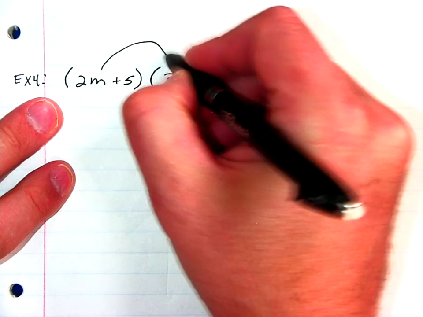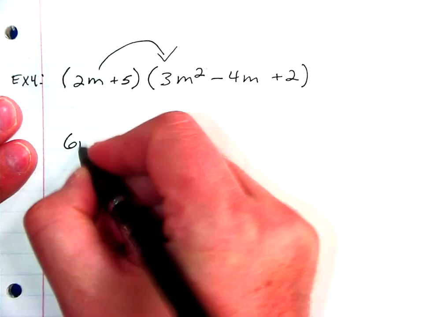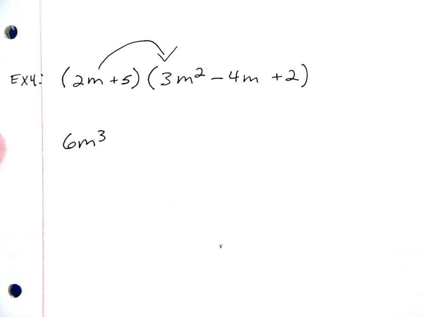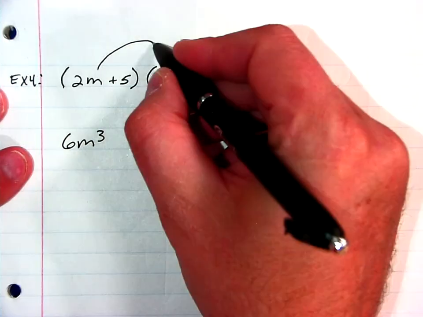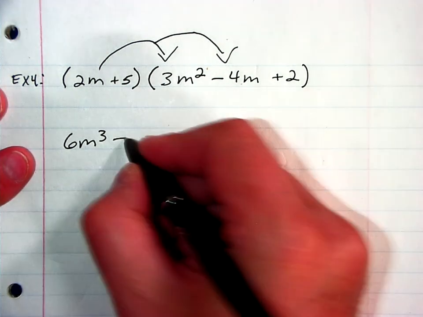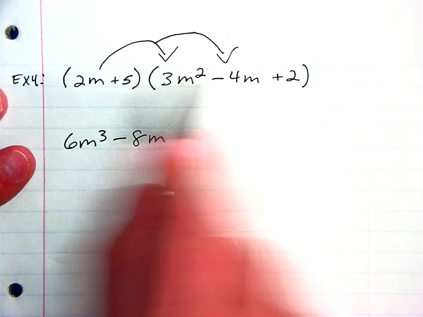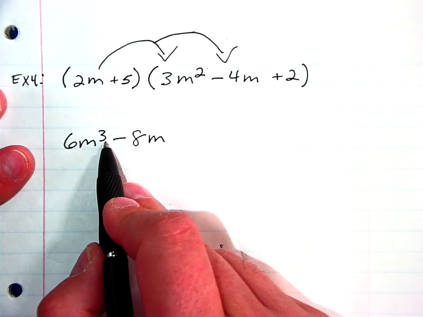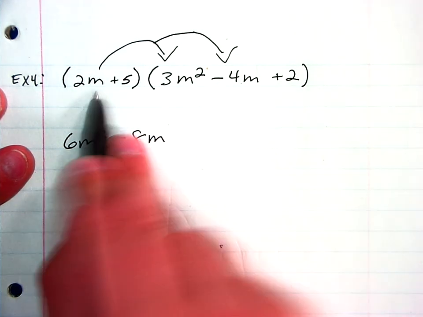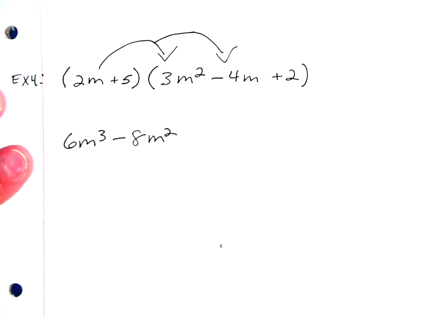So 2m times 3m squared is 6m cubed. 2m times negative 4m is negative 8m squared, because 1 plus 1 is 2.